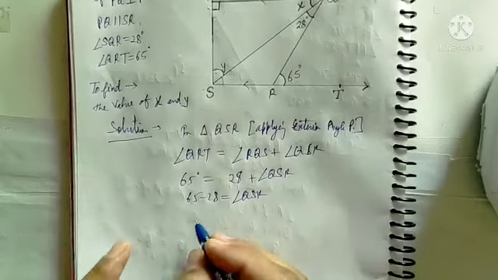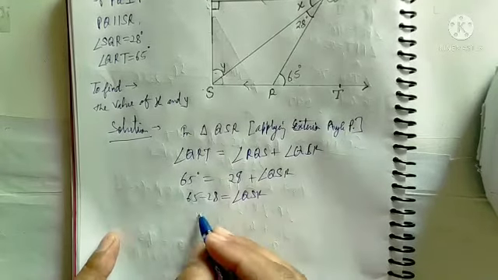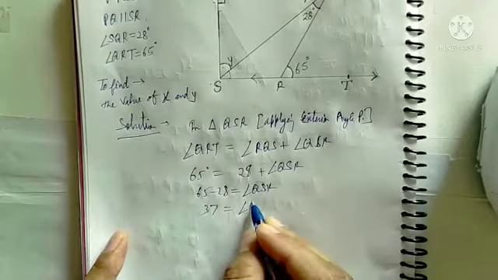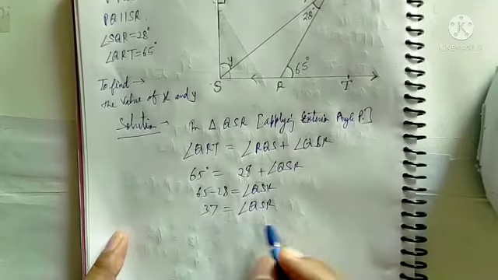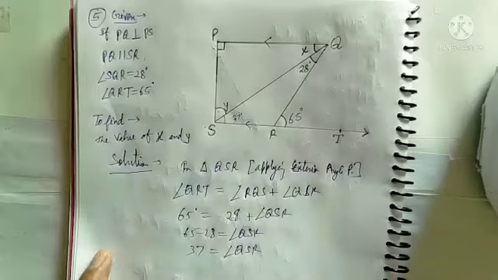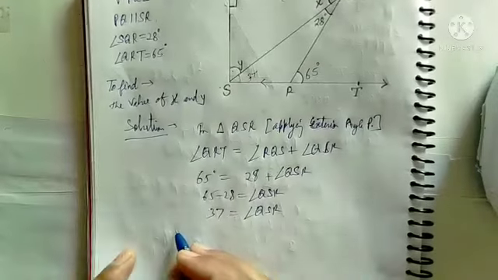If you subtract 28 from 65, then what will come here? 7, and here 5 minus 3 is 2, so 37. That is angle QSR. We got angle QSR, this angle, as 37 degrees. Now hereafter it is very easy.